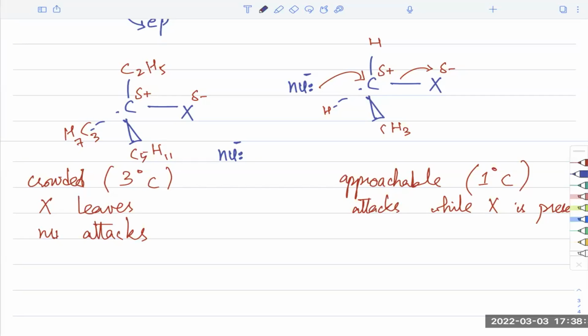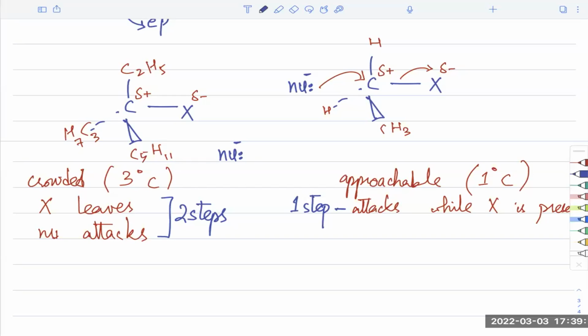Now this one is going to happen in two steps, and this one is going to happen in one step. The attack happens at the same time as X leaving if you have a primary carbon. But if you have a tertiary carbon, it has to first leave a space, and then the nucleophile will attack. Are you understanding this? There are two possibilities here. Which one happens depends on how crowded the carbon is.